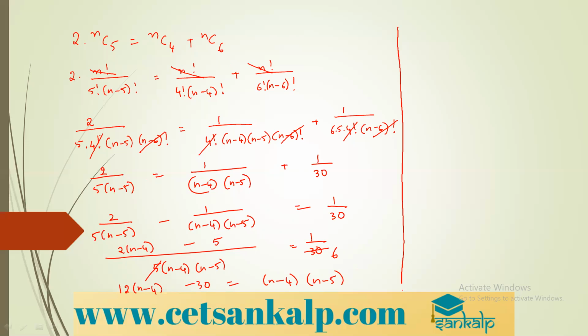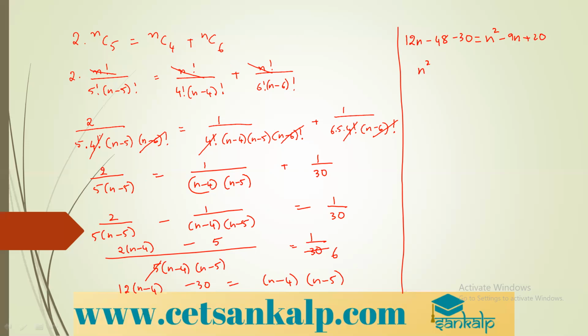I will simplify on this page only because while copying it is becoming wrong. 12n minus 48 minus 30 equal to n square minus 9n plus 20.